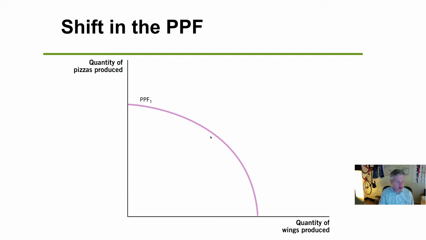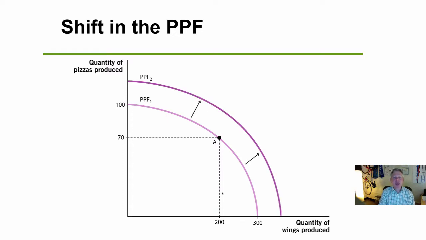So here's our original production possibilities frontier again. And so now let's imagine that we get more resources. All right. So again, we're starting here at 70 and 200. 70 pizzas, 200 wings. Now we get more resources, all right? So when you get more resources, that is represented by a complete shift in the production possibilities frontier.